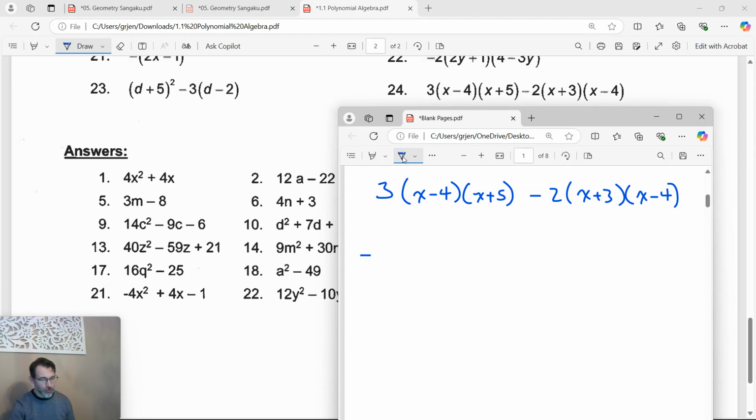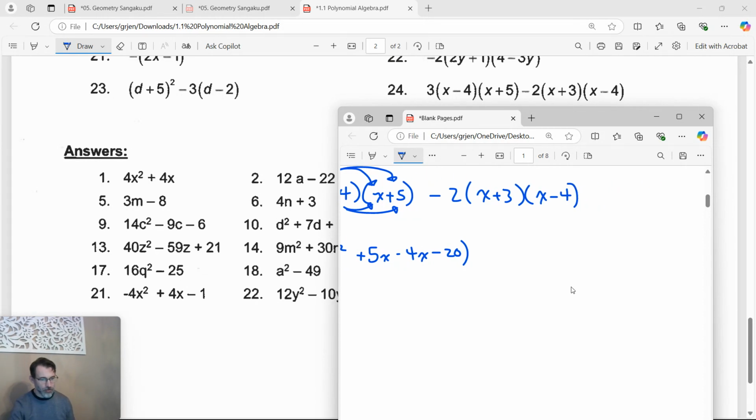Now, we're going to use equal sign. I like to let that 3 hang out outside and do this first. x squared plus 5x minus 4x minus 20. End the bracket. Okay? That was all of these multiplications. Check them yourself and you will learn.